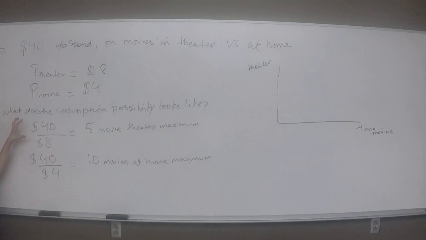If you spend all of your $40, all of your income, on watching movies at the theater, one theater movie costs $8. So 40 divided by 8 is 5 movies.